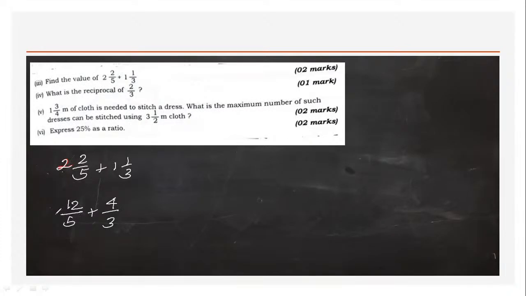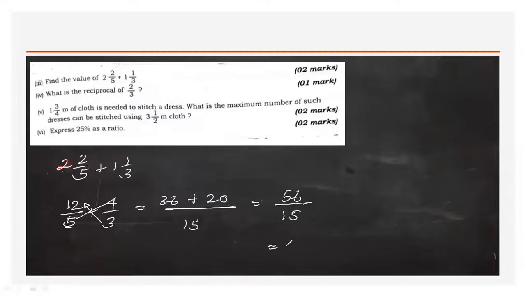So we can take the common denominator of this 5 and 3. If not, there is an easy way to do like this. 12 times 3, 36, plus 5 times 4, 20, divided by 5 times 3, 15. 36 and 20, 56 over 15.